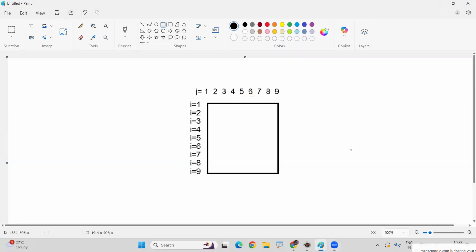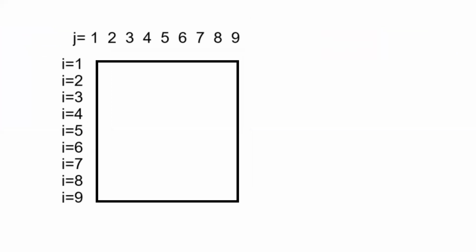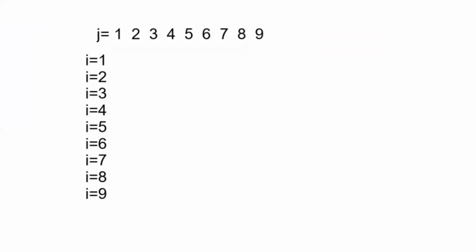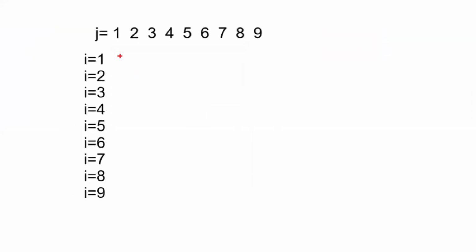So look at this, now is the important one. Here it is. I want to display this line. So here one star at i value 1, j value 1, at the intersection point, one star we need to print. Next i value 2, j value 2, one star.